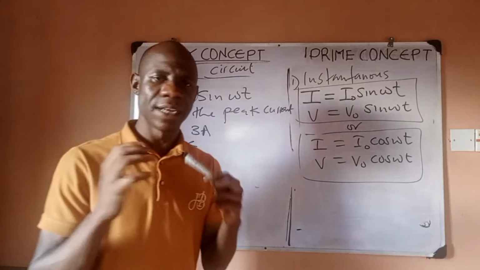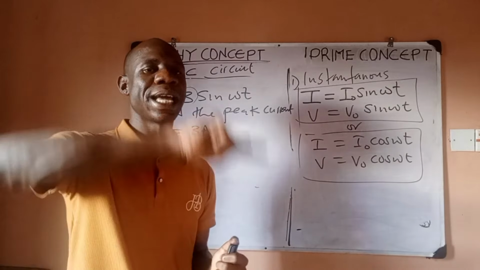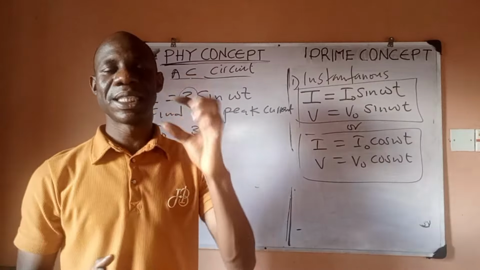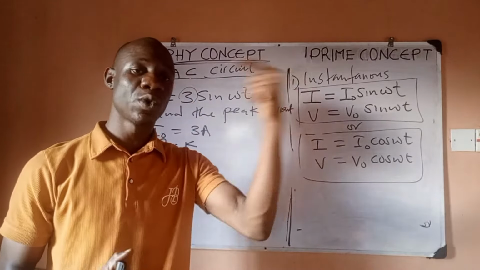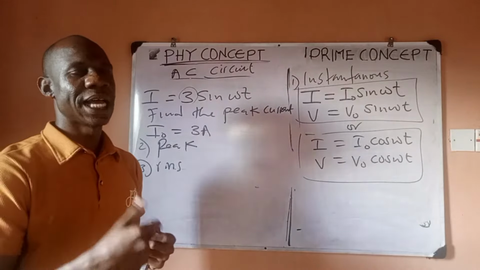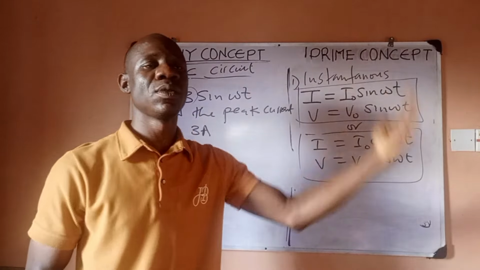RMS are the DC values that are equivalent to an AC. So it means if I have an AC and I want to get the equivalent value, I want to convert that AC to DC.